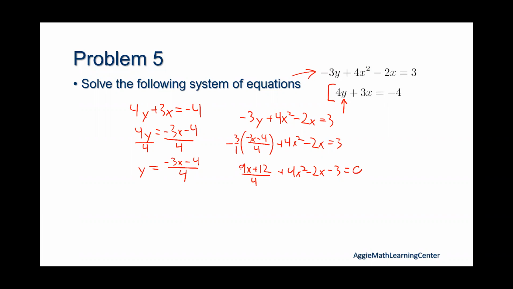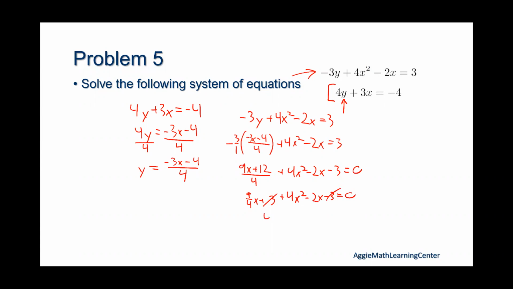Okay, I'm going to split this fraction into 2 terms. So we end up with 9 over 4 x plus 12 over 4, which is just 3. So it's just plus 3, plus 4x squared minus 2x minus 3 equals 0. Now we have plus 3 here and minus 3 here, so those cancel and equal 0.